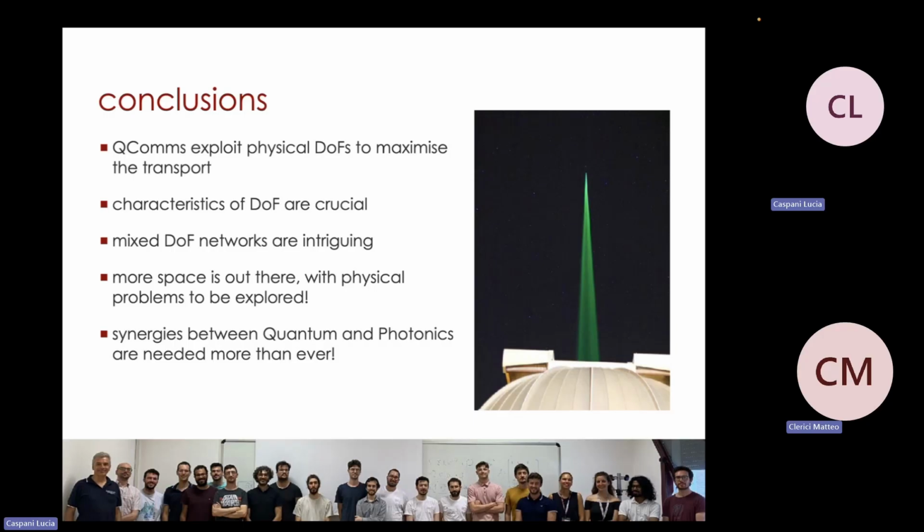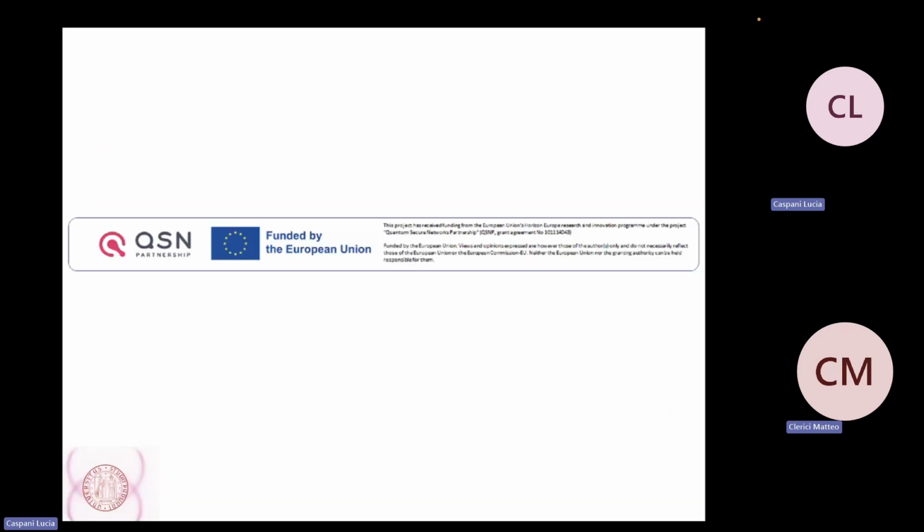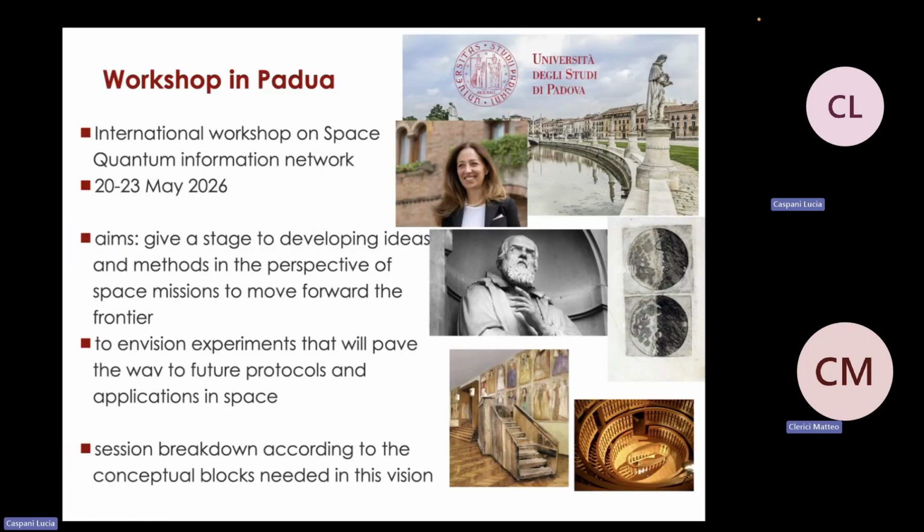So with this, we would like to address this call, this offer for cooperation with this community, which I also thank very much for the invitation. I acknowledge the flagship project with SMP on secure quantum networks. Also, I mention that we shall have a space quantum information network workshop in Padova in May. Thank you for your attention.